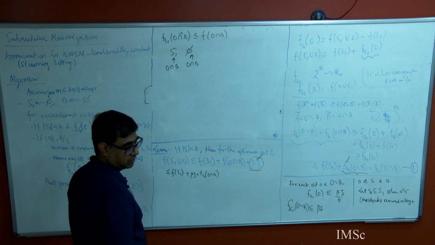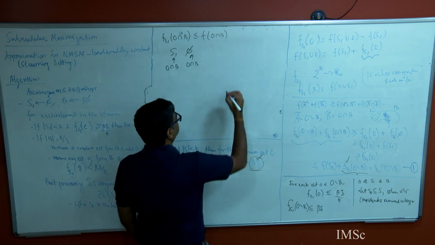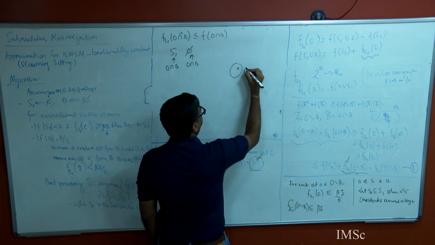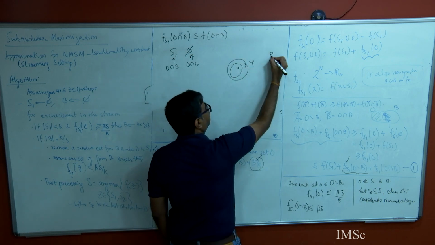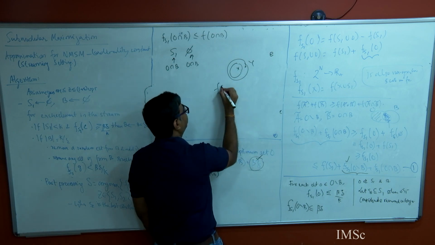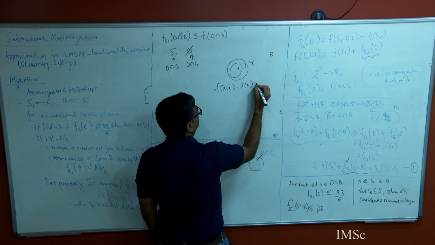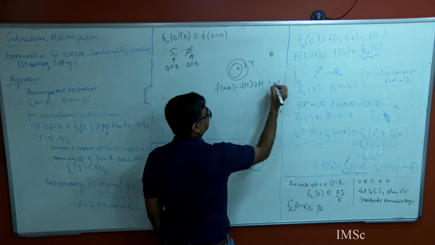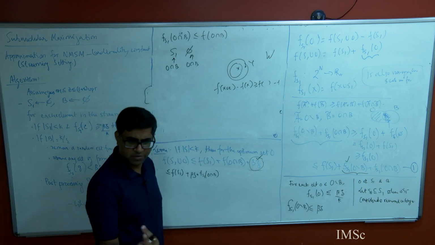So we have set x and set y, and then we proved for element E, f of x union E minus f of x is greater than or equal to blah, right? Maybe we should also prove this for set W. And maybe this is true.